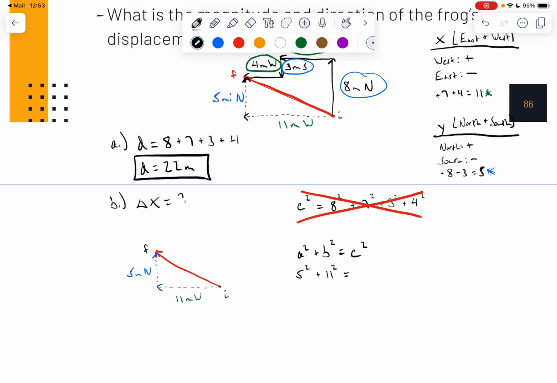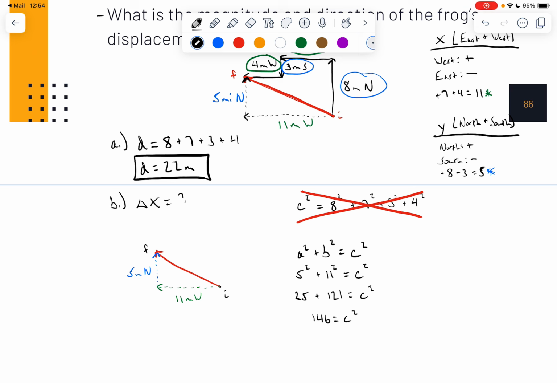And that's going to be equal to our C squared. So 5 squared is going to give us 25. 11 squared is going to give us 121. That's going to be equal to C squared. And then when we add these two together, we're going to get 146 is equal to C squared.